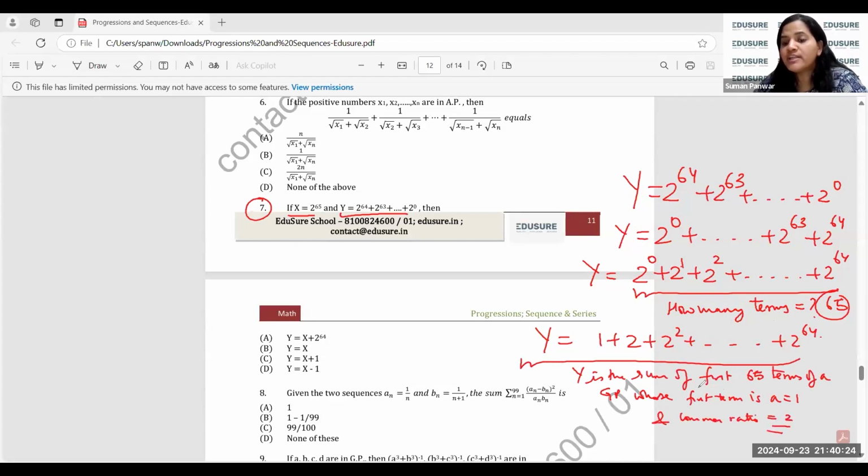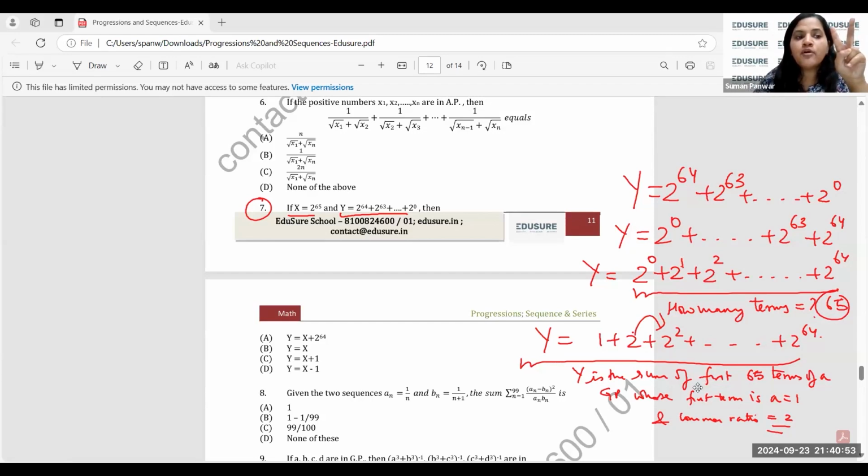Please pay attention to what is happening. आप देखिए सेकेंड टर्म कैसे मिली मुझे. 1 को 2 से मल्टीप्लाई किया तो सेकेंड टर्म आ गई. फिर 2 को 2 से मल्टीप्लाई किया तो थर्ड टर्म आ गई. So I am multiplying consecutively by 2 to get the terms. So this is a geometric progression. कितनी है? How many terms are there? 65 terms. First term is 1, common ratio is 2.